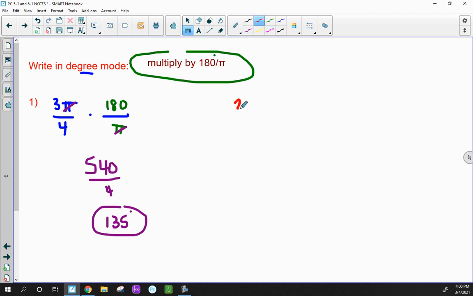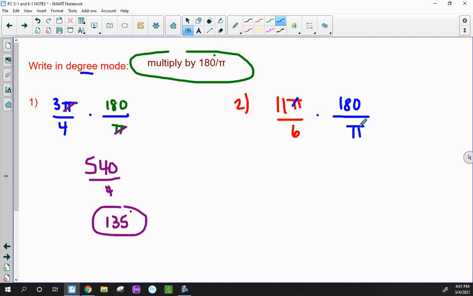Okay. All right, question 2. Let's do 11 pi over 6. Let's convert that to degree measure. Again, the easy way to do this is multiply a radian problem by 180 over pi. Please put the pi on the bottom of your fraction so that way they can cancel.